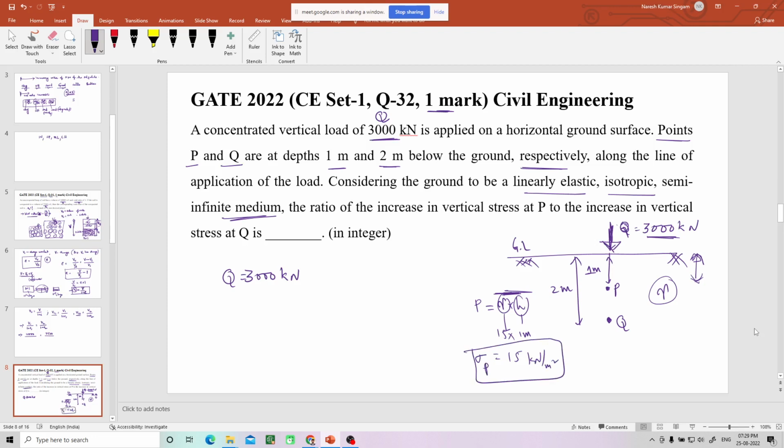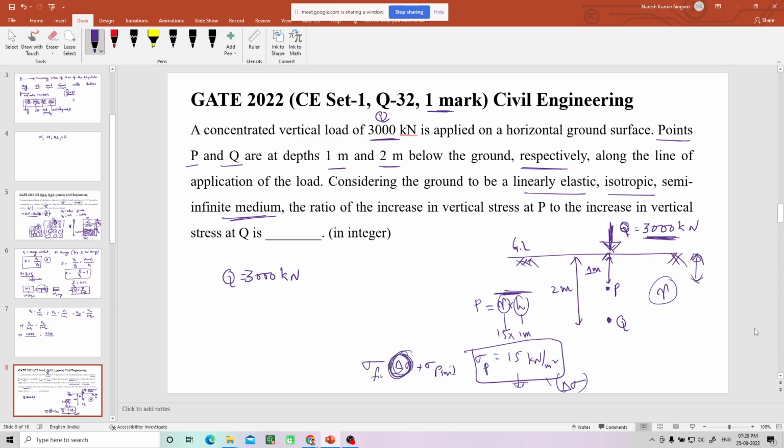If 3000 kilonewton is applied at the ground surface, there is some increase here. It will not be 15, it will be something else. That extra is delta sigma. Finally it will be delta sigma plus sigma initial, right?